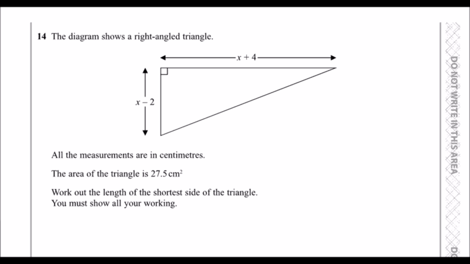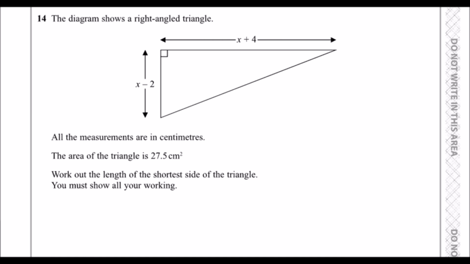Question 14. The diagram shows a right-angled triangle. All the measurements are in centimeters. The area is 27.5 centimeters squared. Work out the length of the shortest side. You must show your working.